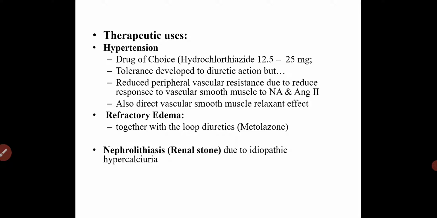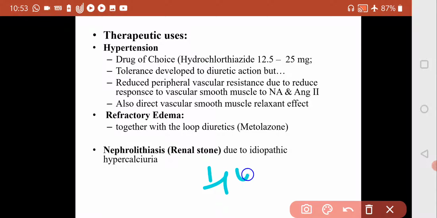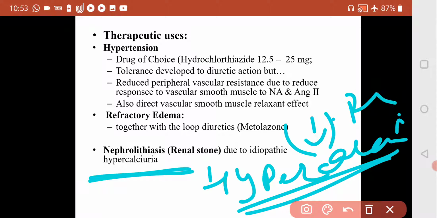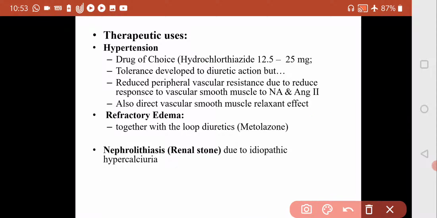If a patient has a renal stone and idiopathic hypercalciuria, with no other reason, then we give thiazide-like diuretics, hydrochlorothiazide, to this patient, because it causes hypercalcemia, so there is no hypercalciuria, and it decreases the renal stone incidence also. So we give this drug in nephrolithiasis, particularly renal stones.